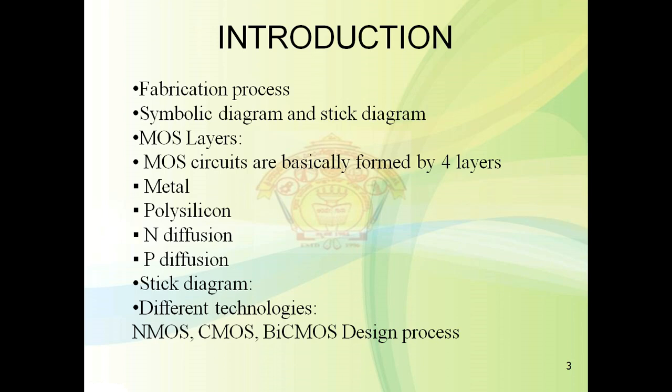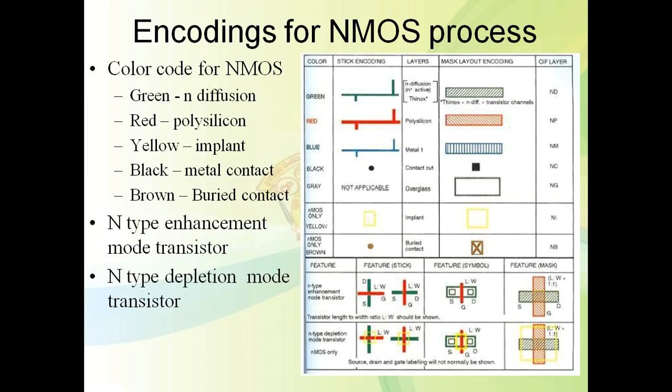If it is a basic MOS transistor we design it so, but if you want an N depletion mode transistor, in that case we must show the implant in the thin oxide layer. There are different technologies in which we can form the transistor: NMOS, CMOS, BiCMOS. These are the different technologies.